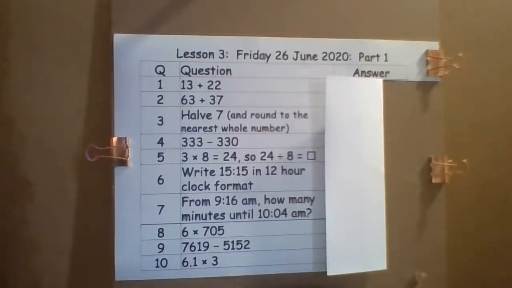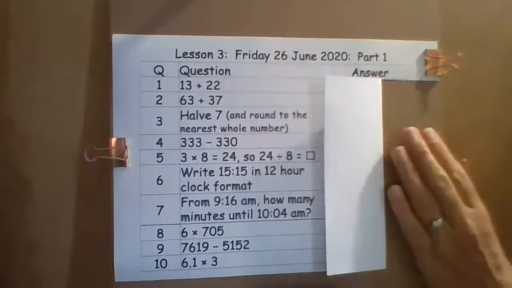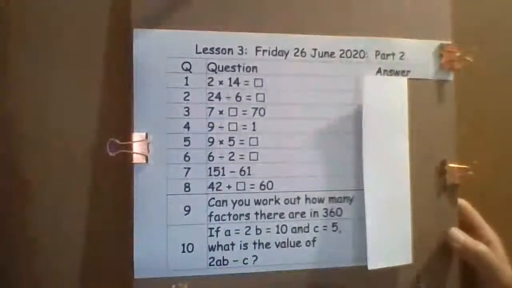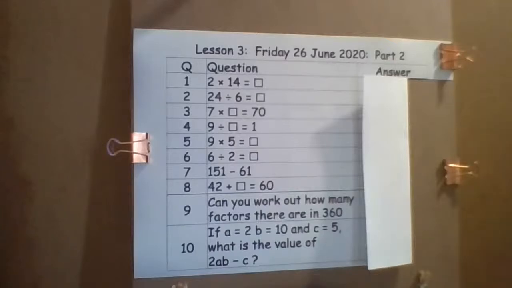You have 30 seconds remaining. Okay, we're moving on to part 2. 10 more questions. Remember to number your questions in your margin. Make a note that it's part 2, so it's easier when you're marking.